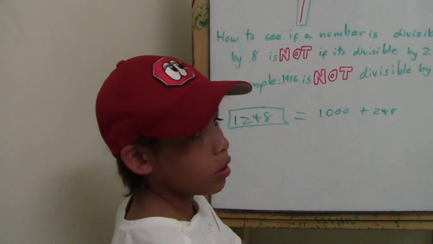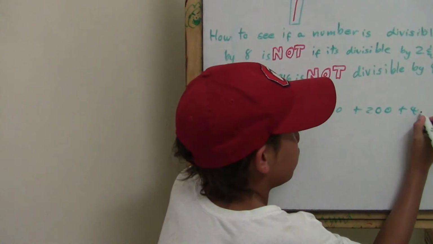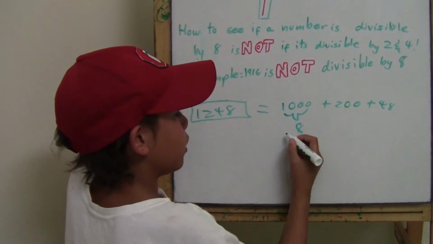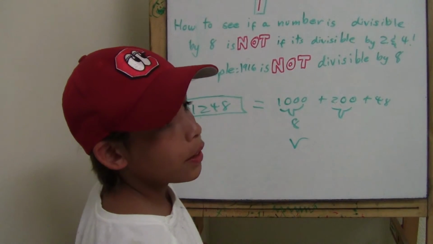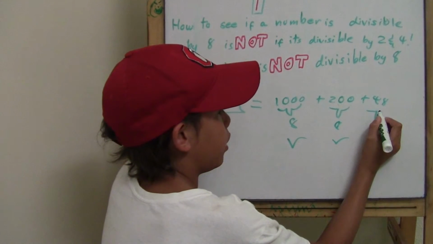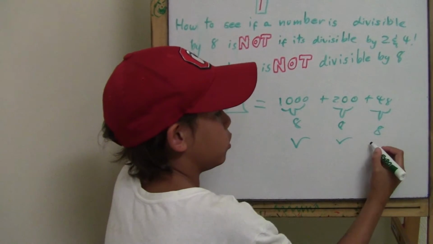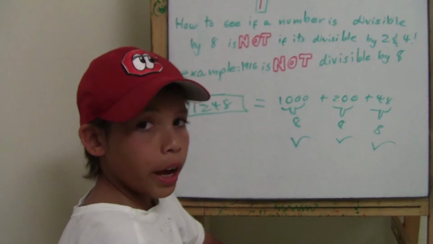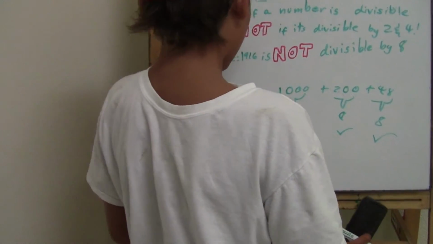Let me explain. 1,000, we already know that's divisible by 8, so that's already checked. 200 is 25 times 8, so that also works. And 48 is 6 times 8, so that's evenly divisible too.